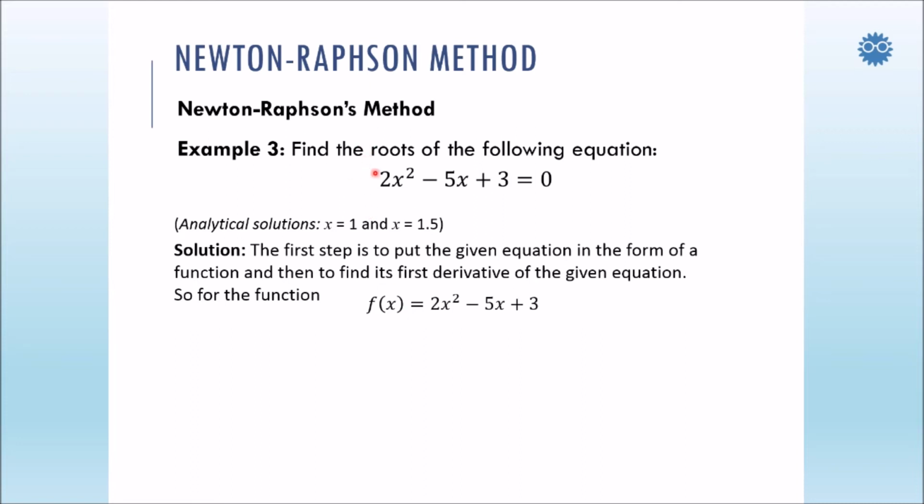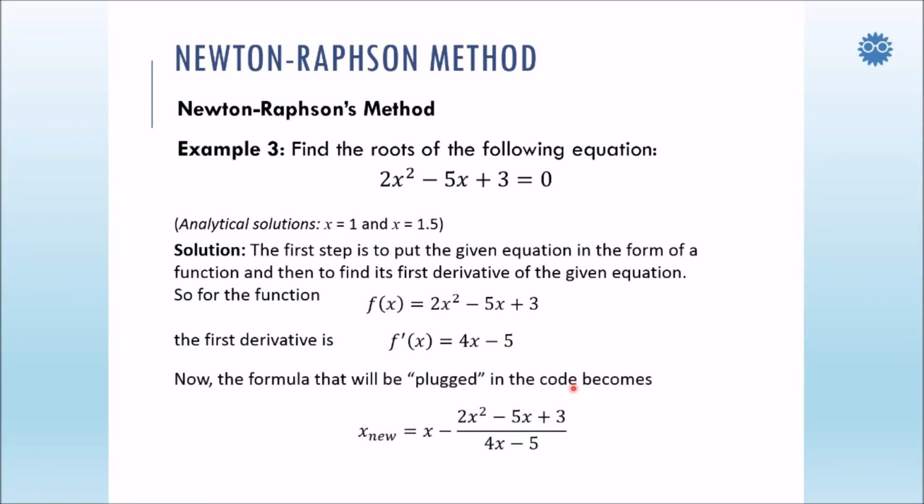So first, before solving, we put it in a function form. We say that f of x equals 2x squared minus 5x plus 3. Then we calculate its first derivative. So the first derivative, f prime x, equals 4x minus 5.